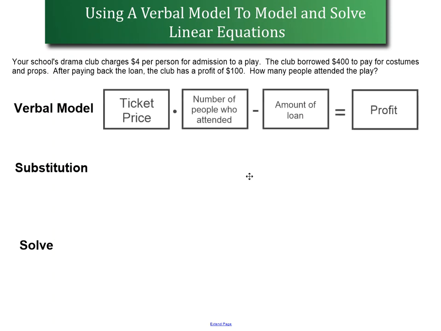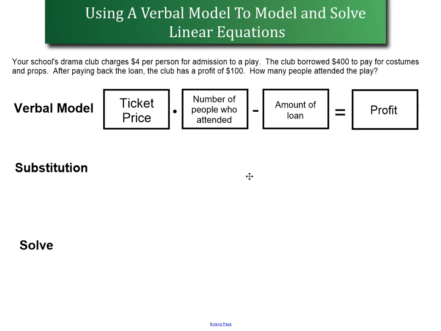This is what a verbal model looks like. I'm using boxes to denote the coefficients and the other components of the terms in the equation. In this case, I am saying the ticket price multiplied by the number of people who attended, subtract the amount of the loan, that equals the profit.